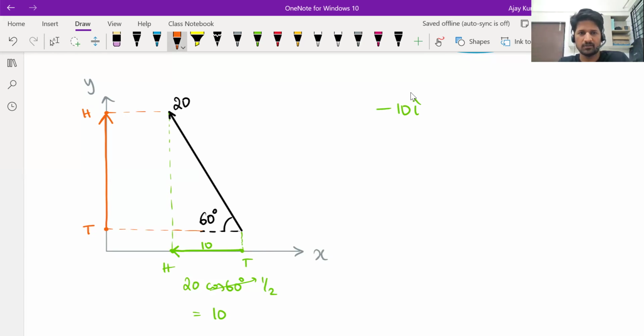Does it look perpendicular to the y-axis? Sir, which one, sir? The original vector, the black one. What angle does it make with the y-axis? 30. With x-axis, if it is 60, then with y it has to be 30 because it's in the xy plane. Correct. So how much will its y component be?